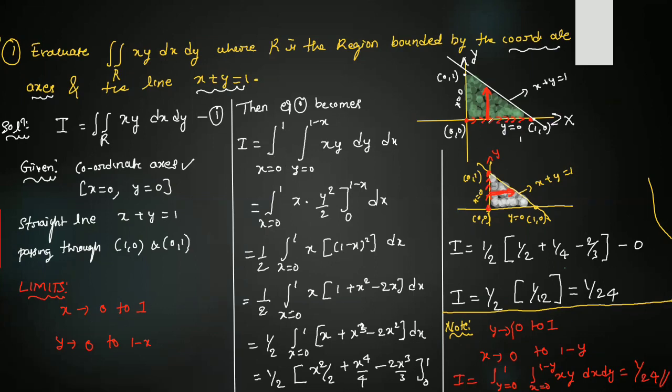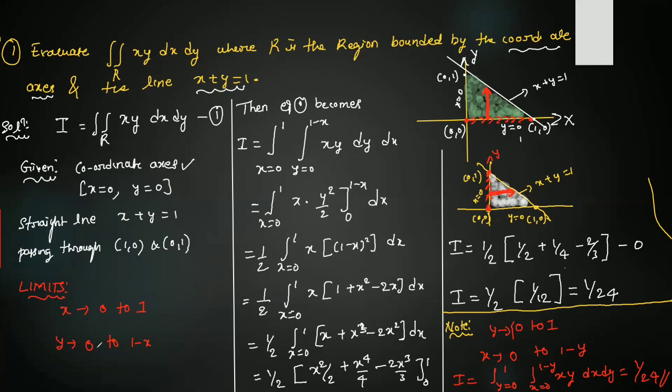When x is independent, y is dependent on x. So you need to draw a vertical strip in the bounded region, from lower to upper boundary, from here to here. Now the lower boundary of a strip is what? It's a straight line. The upper boundary is also a straight line. What is the equation of the lower line?